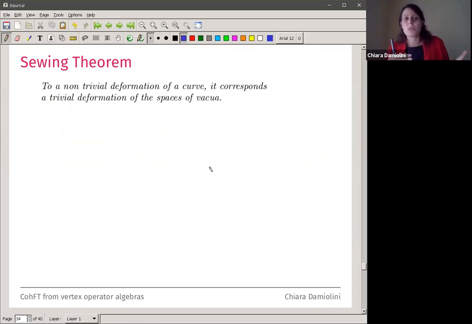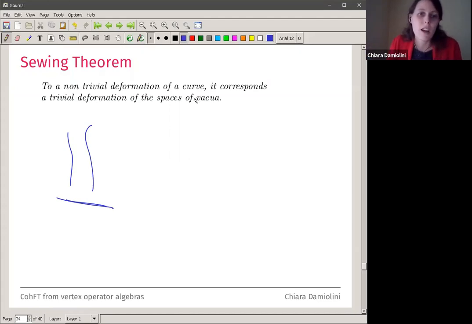But essentially this perturbation doesn't change the spaces of covacua. So it just extends them by scalars, because I start with a curve and I sort of make it a bit thicker. So I have a family of curves, but the space of covacua doesn't really change. And I use vacua here to mean really coinvariants or conformal blocks.